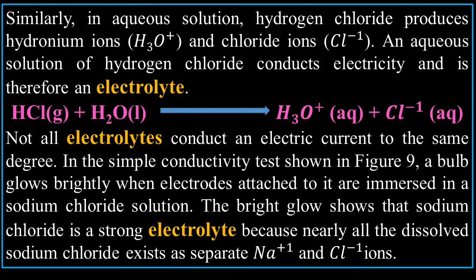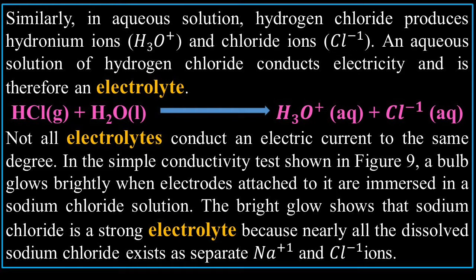In the simple conductivity test shown in Figure 9, a bulb glows brightly when electrodes attach to it and are immersed in a sodium chloride solution. The bright glow shows that sodium chloride is a strong electrolyte because nearly all of the dissolved sodium chloride exists as separate Na+ and Cl- ions.